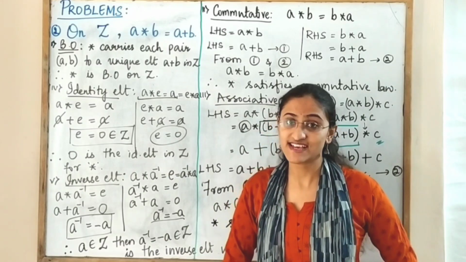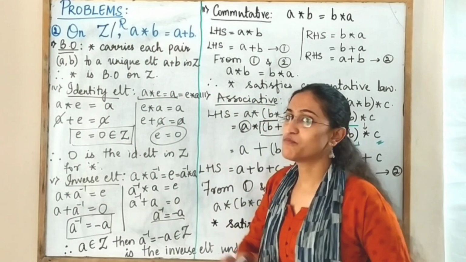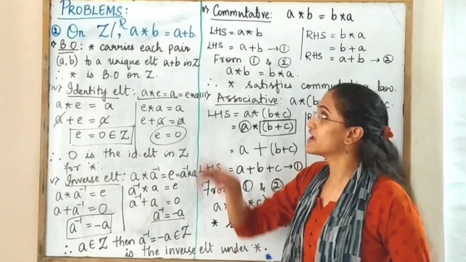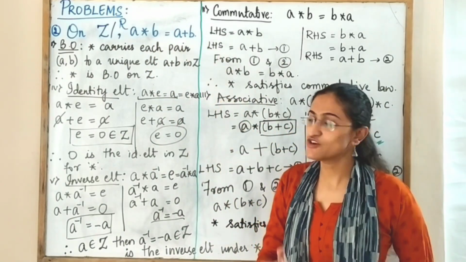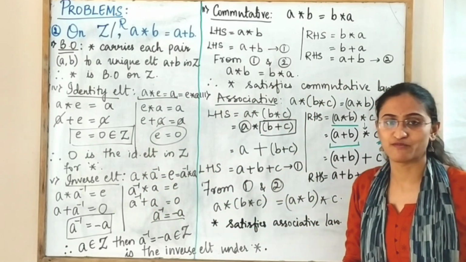If the question is on the set of all real numbers, again with the operation A star B is equal to A plus B, even then you can apply the same procedure to verify all the 5 properties.